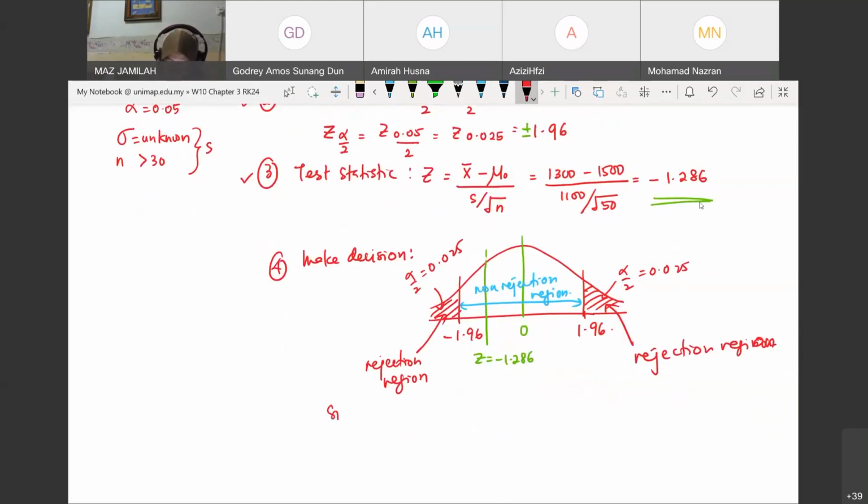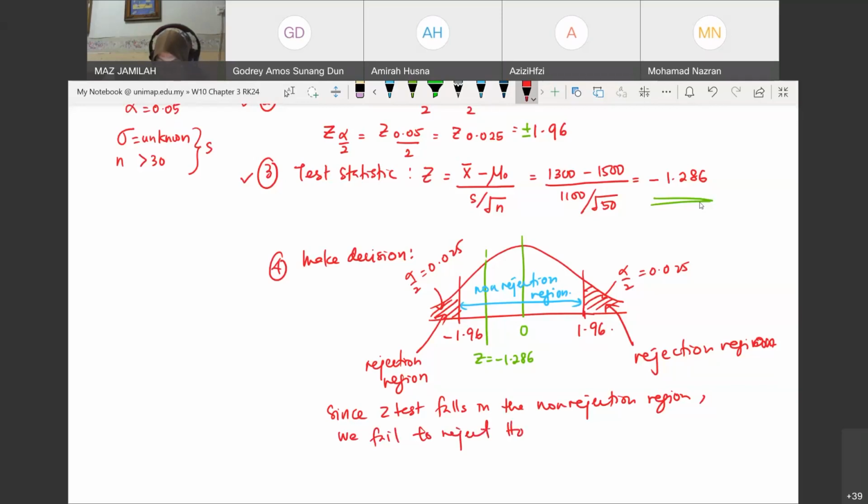Since Z test falls in the non-rejection region, we fail to reject the null hypothesis.